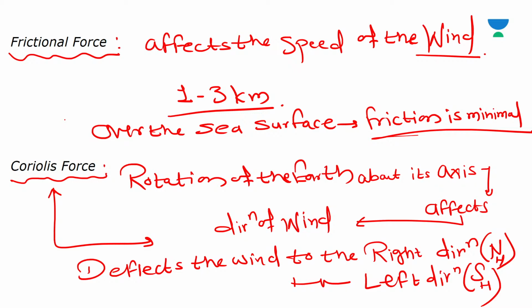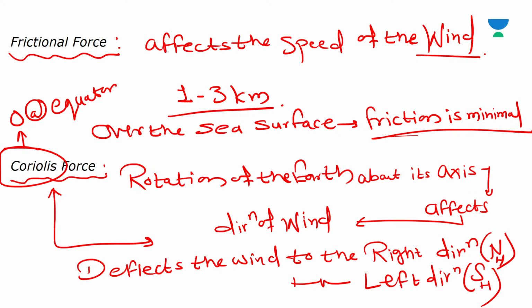Now at the equator, the Coriolis force is 0, and the wind blows perpendicular to the isobars.